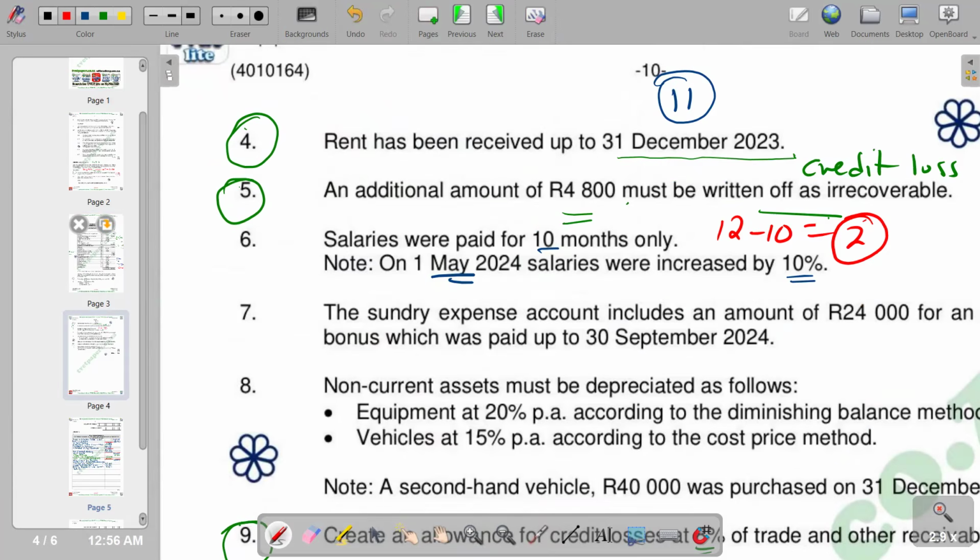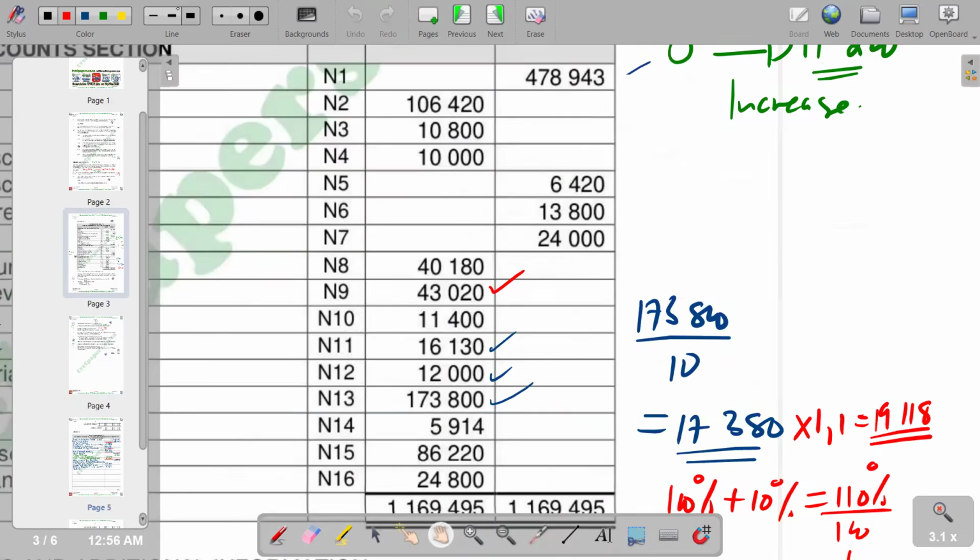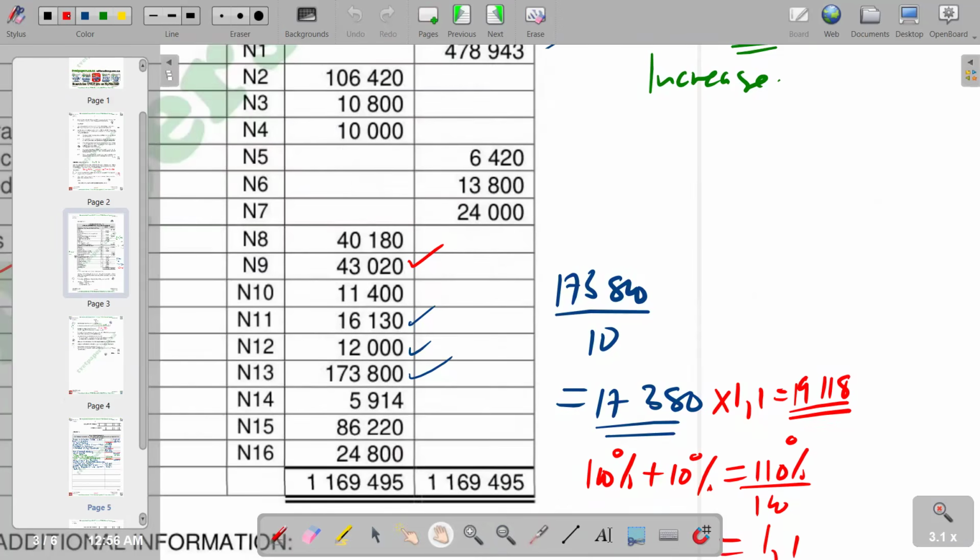So in that case, we say the monthly after the increase that we got times 2. So we are now saying 19,118, we multiply it by 2, and then we are supposed to get your answer as 38,236.